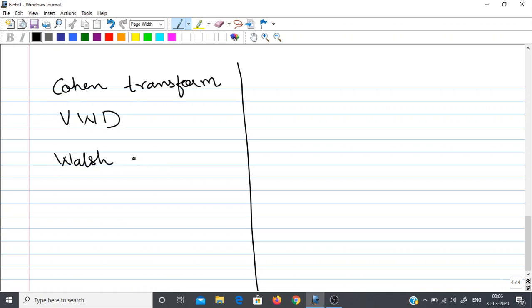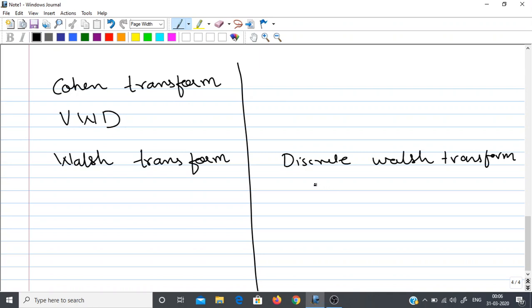So another popularly used transform for continuous time signals is the Walsh transform. The discrete counterpart of the Walsh transform is the discrete Walsh transform. Very similar to the Walsh transform is another transform in the discrete domain, which is called the Hadamard transform.